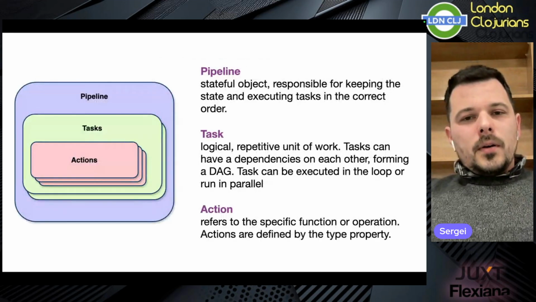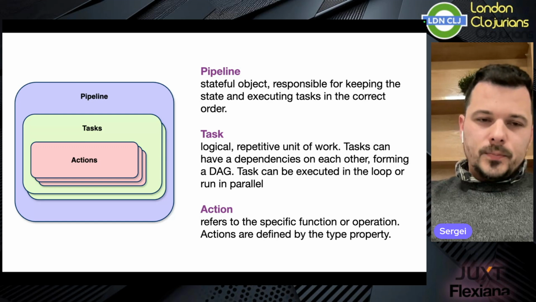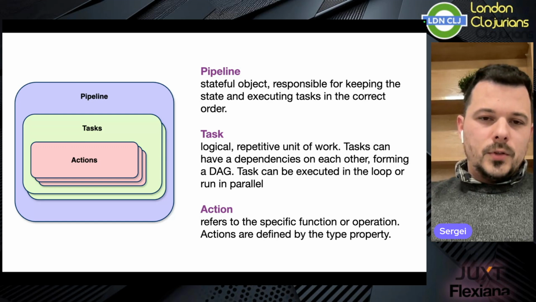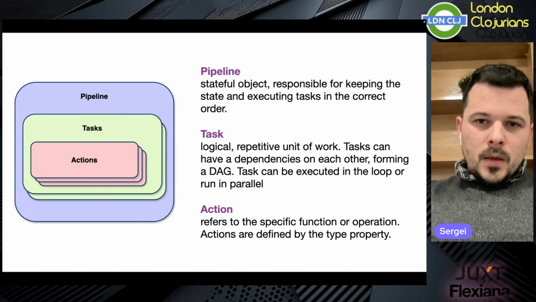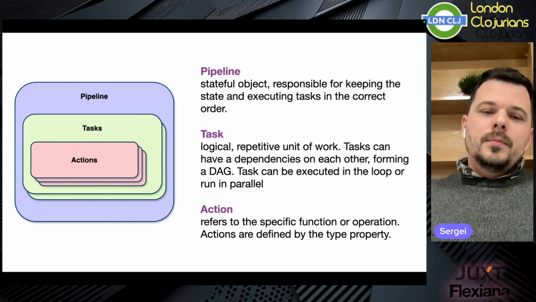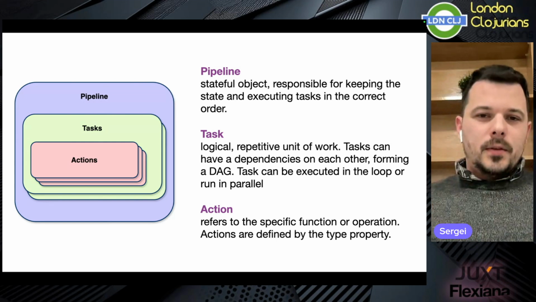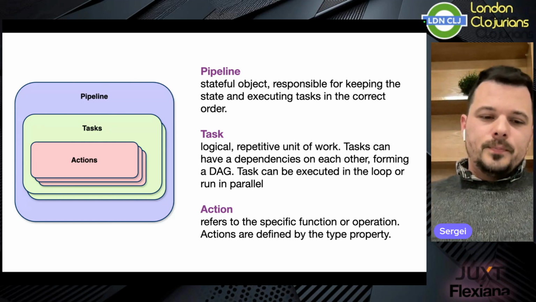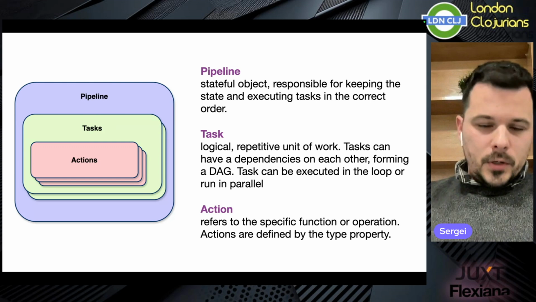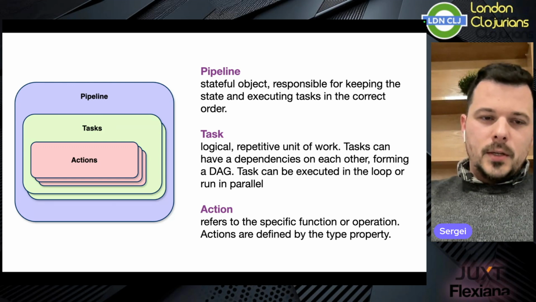In general, this is how the pipeline will look. In common, you have the pipeline with a set of tasks, and every task can have a set of actions. A little bit about the responsibility of each of these objects. The pipeline itself is the top level thing in the Eden file, but also it is the object in memory when you run your pipeline, and this object keeps internal state.